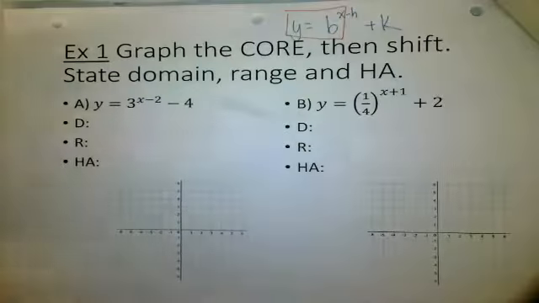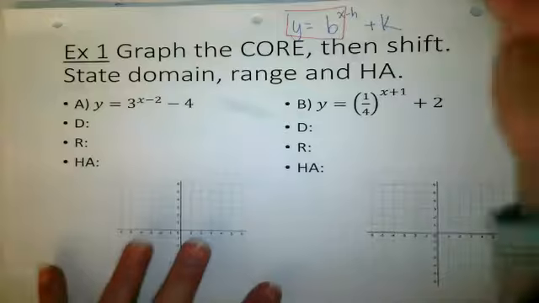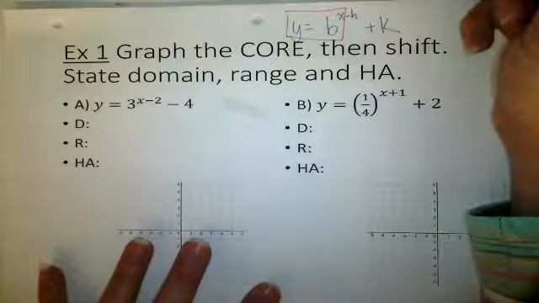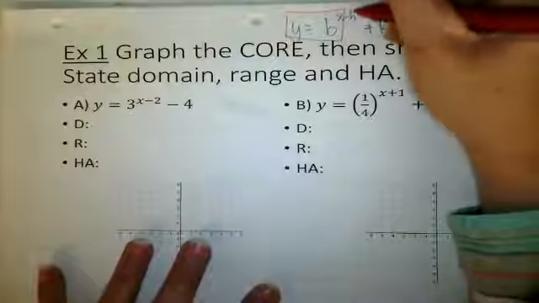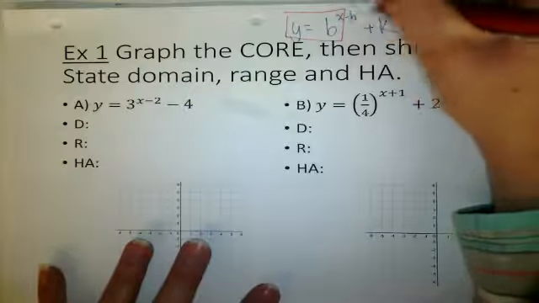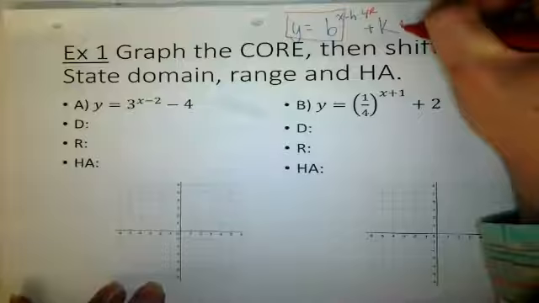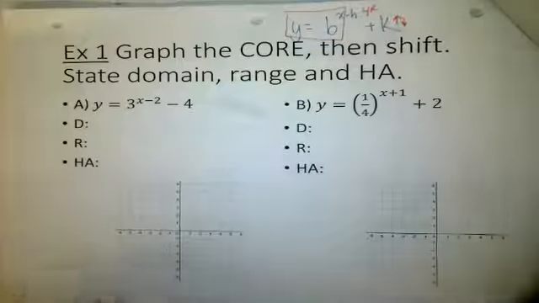What does h do? How does h shift? Left and right. Again, the h is upstairs with x, and so it's shifting in the x direction, left and right. And the k goes up and down, just like it did before.